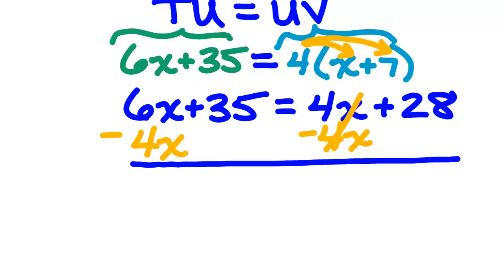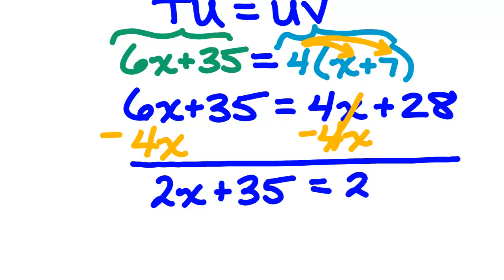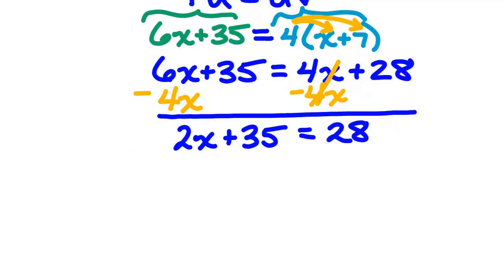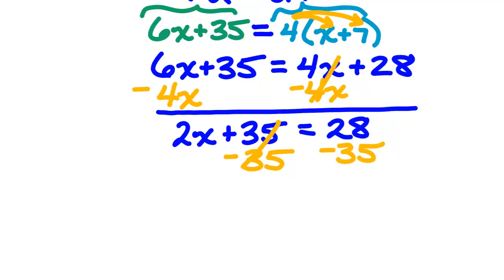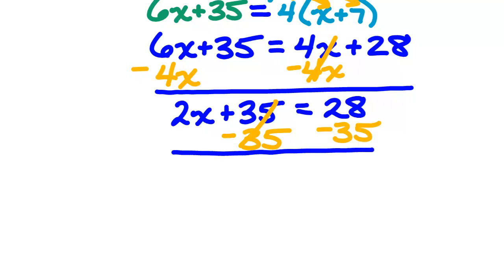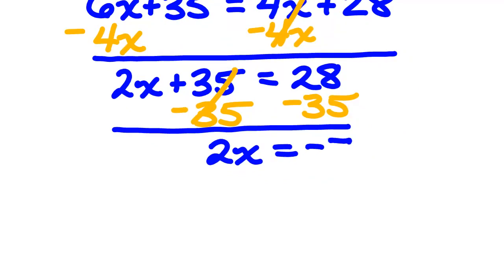Yep, that would be okay. 2x plus 35 equals 28. Now what do I do? Subtract 35 from both sides. We want to get the x alone, so it has to be the 35 that goes away. 2x equals, what's 28 minus 35? Negative 7.